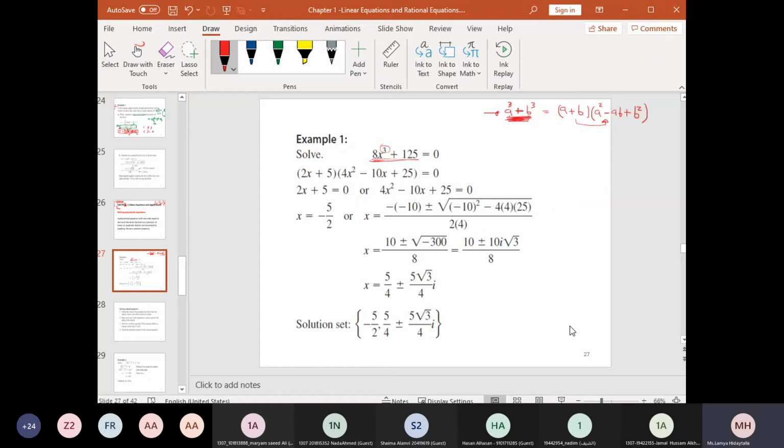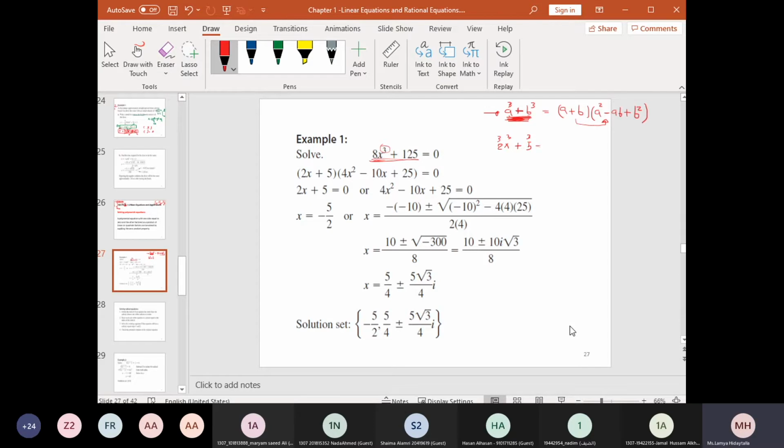Now our equation is 8x cubed plus 125. Can I write it in this form? Yes, I can write 8 as 2 cube, x cube, plus 125, which is 5 cube. 5 times 5 is 25, times 5 is 125.